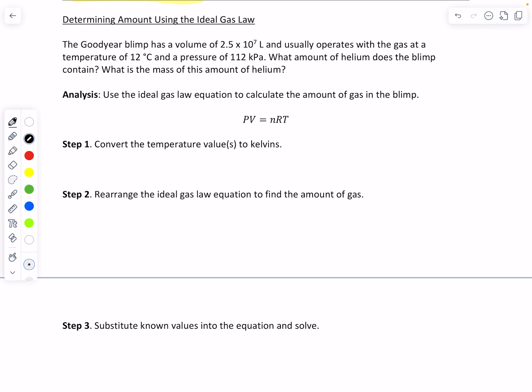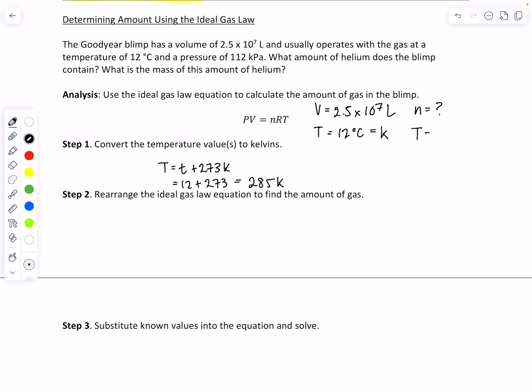Let's look at what's given. We're given a volume, 2.5 times 10 to the power of 7 liters, a temperature of 12 degrees Celsius. If we convert this temperature into Kelvin, we end up with 285 Kelvin. We want to find the amount.